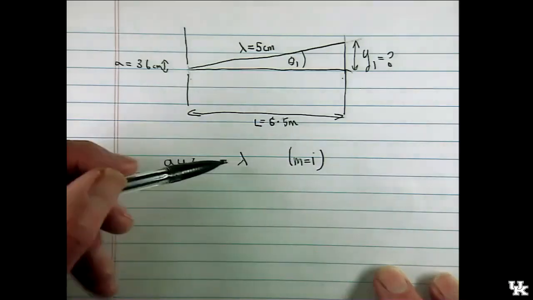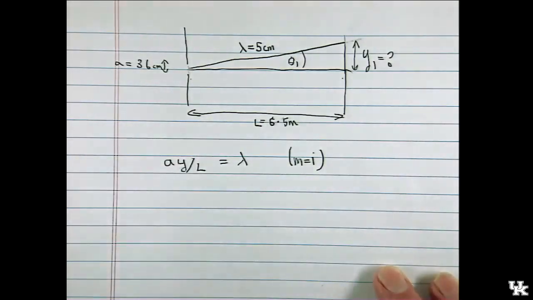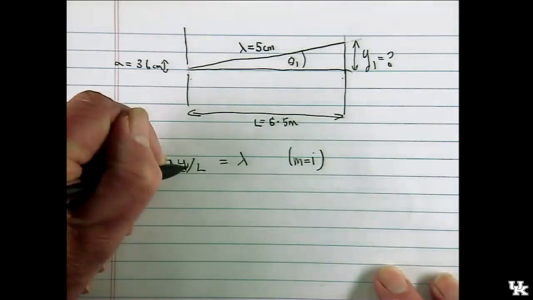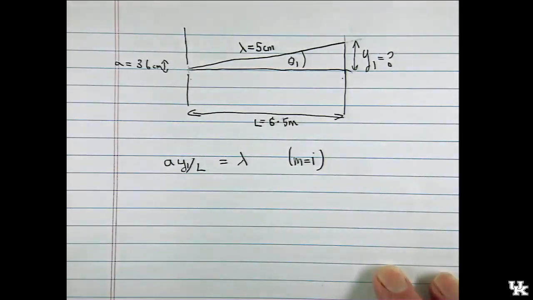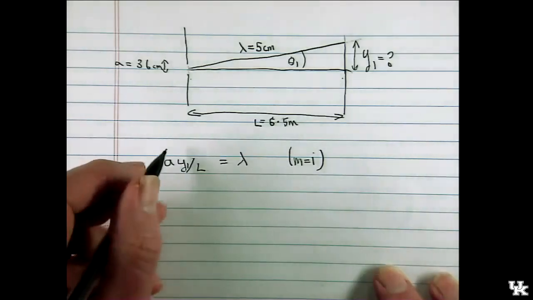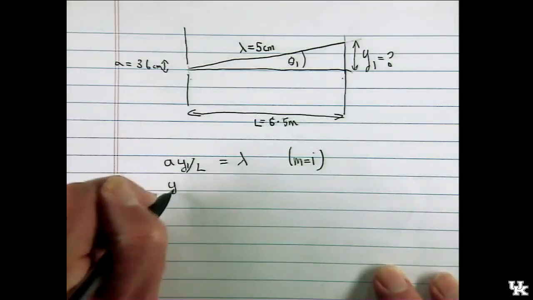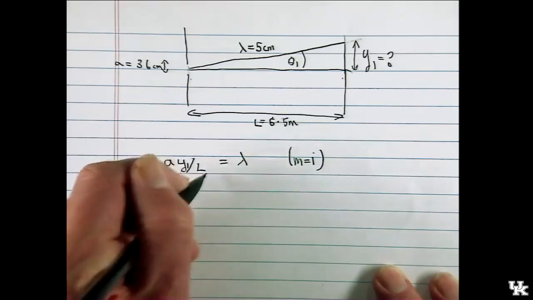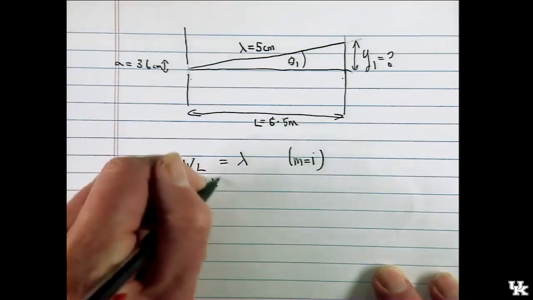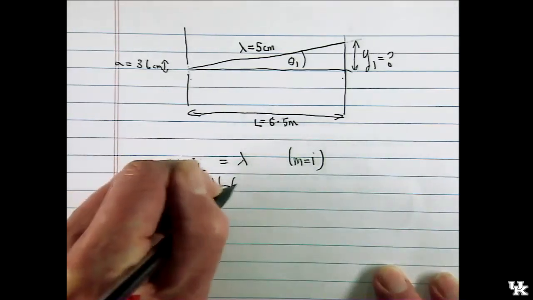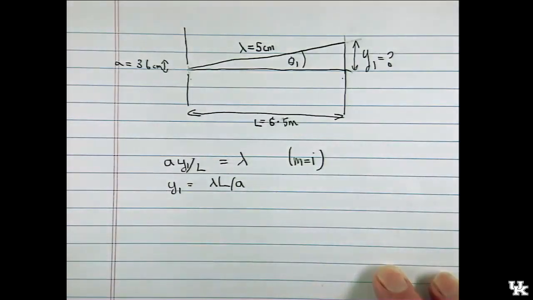Originally we had written this equation with an m multiplying the lambda. I want to find the location on the screen, so I'm going to be careful and put y1 on here because it is the first order dark fringe. I'm going to rearrange this equation for y1, by dividing through by a and multiplying through by L.